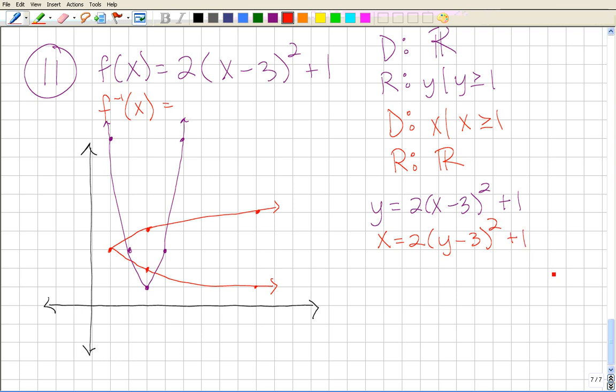And now we'll solve for y again. So I'm going to subtract 1. Going to divide by 2. Now I need to take the square root of both sides.